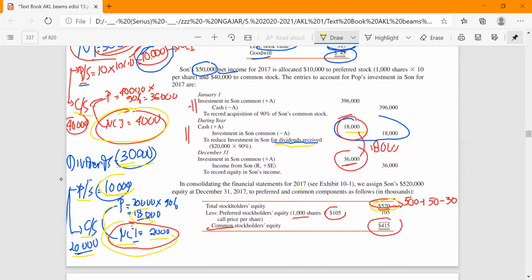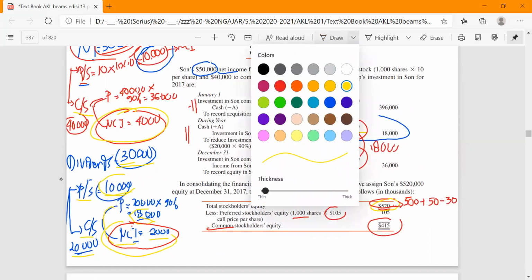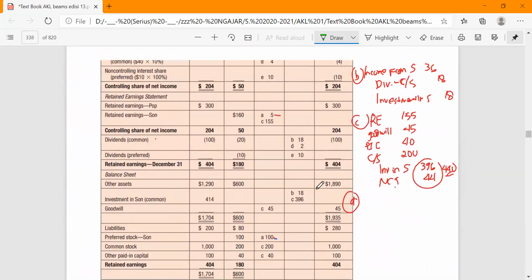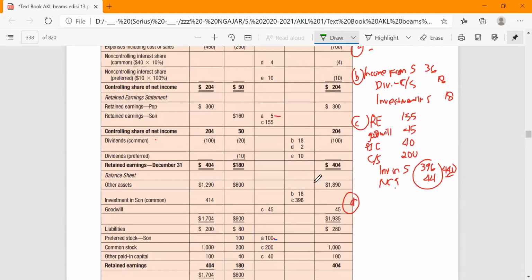Journal number D is related to this green color. So journal number D is the NCI share of the common stock, and then the dividend of the common, and then the NCI. The difference between the NCI share is 4, and this one is 2 and this one 2.